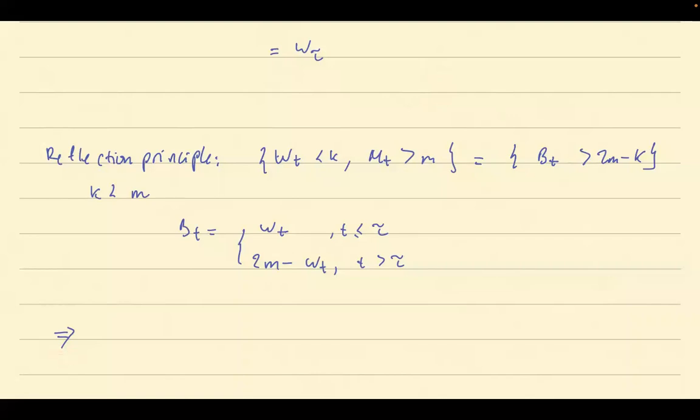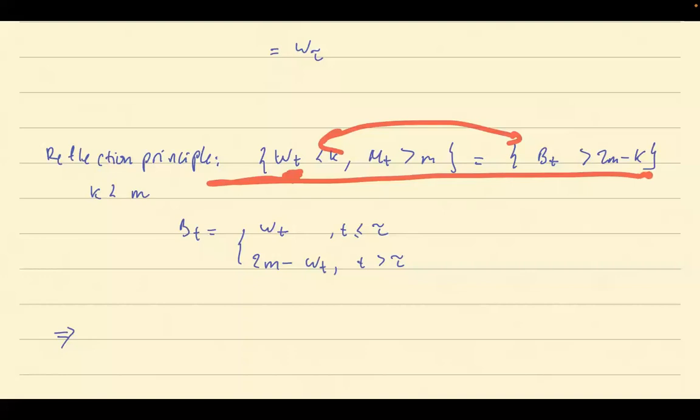Now, notice BT here in a way has two identities. It could be WT or reflected WT, depending on where T is. Notice again, this identity does not depend on whatever T is. This identity holds true for any time.